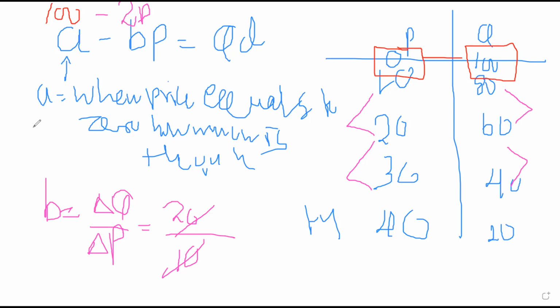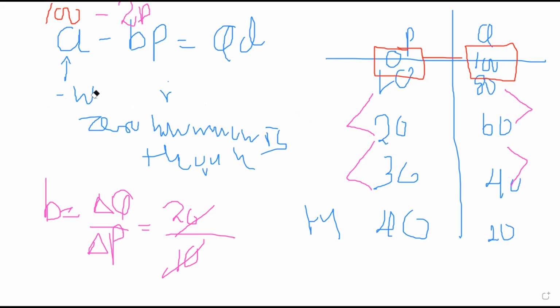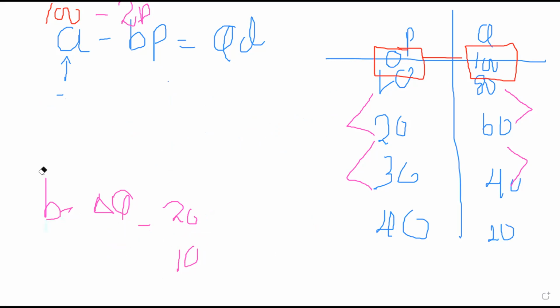So if they give you this equation as 100 minus 2p and ask you to calculate the table, then how can we calculate it? How can we draw the table which relates to that equation, 100 minus 2p?